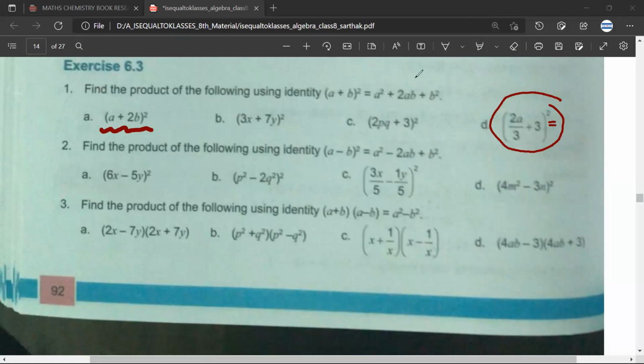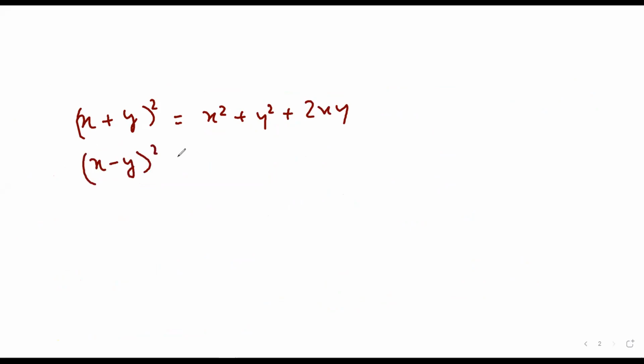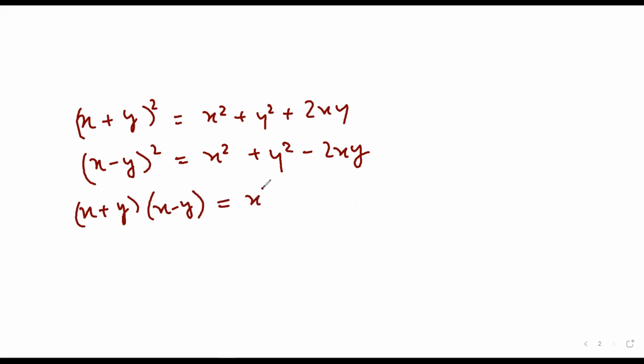So, another thing that we need to remember is that this a plus b whole square is equal to a square plus b square plus 2ab can also be written as x plus y whole square is equal to x square plus y square plus 2xy. So similarly, you can have x minus y whole square is equal to x square plus y square minus 2xy, and x plus y into x minus y is equal to x square minus y square.